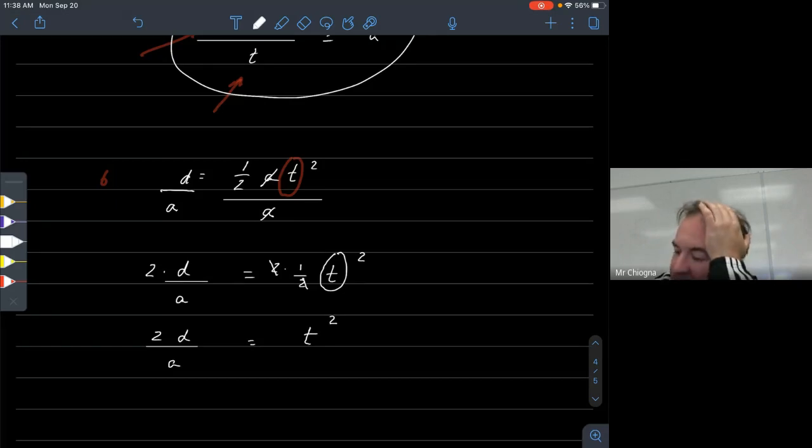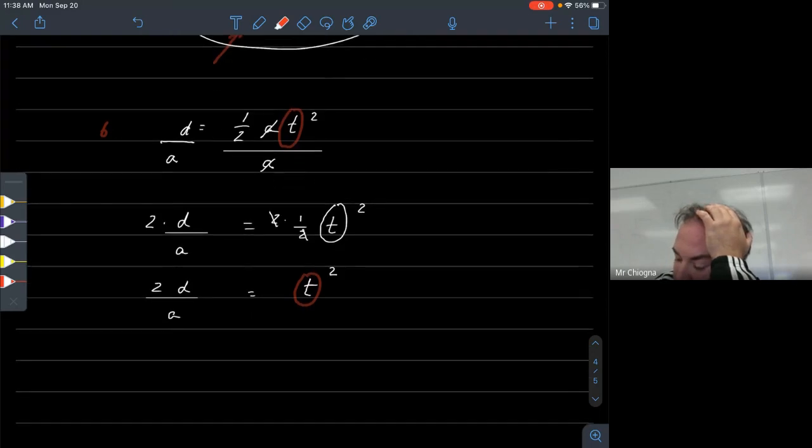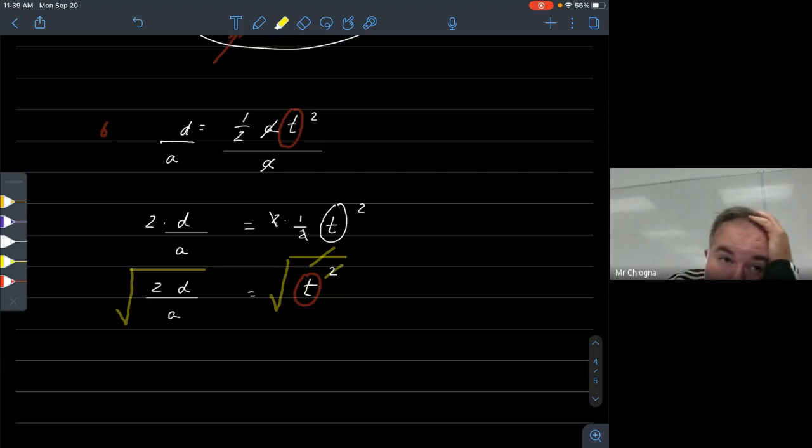Now, we're not done. We have to solve for the T, not the T squared. Almost done. The opposite operation to squaring is the square root. I'm going to put a square root here. Whatever I do on the right, I do on the left. This square root will cancel out the square.